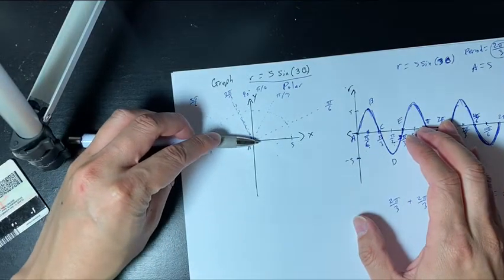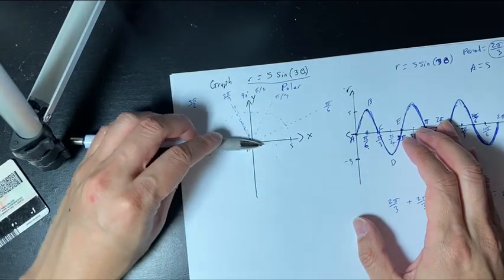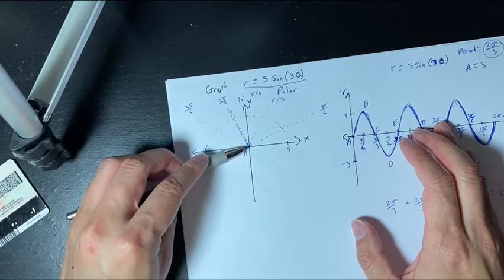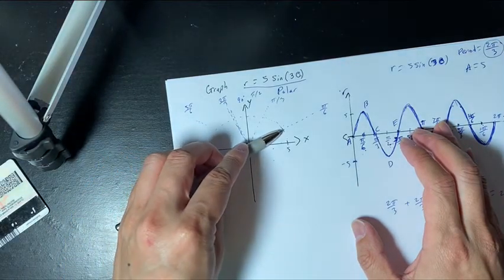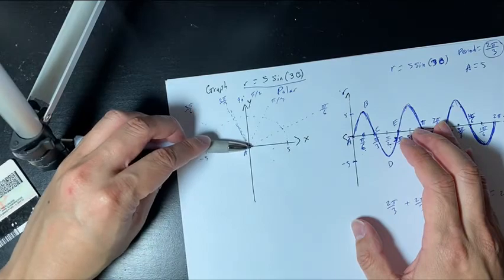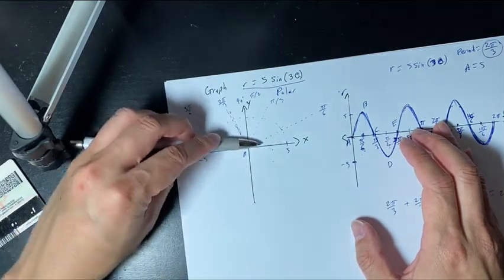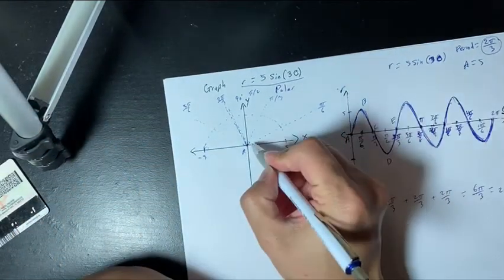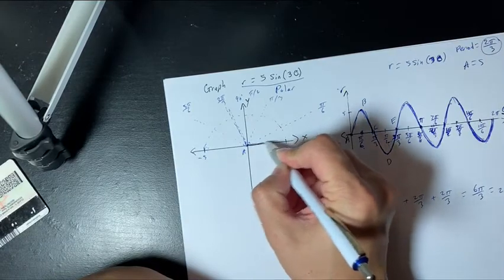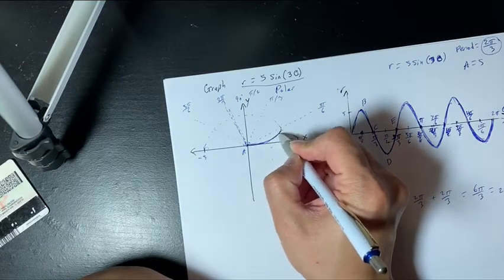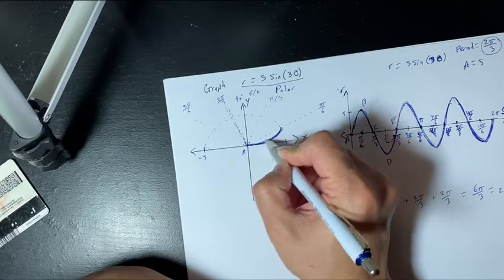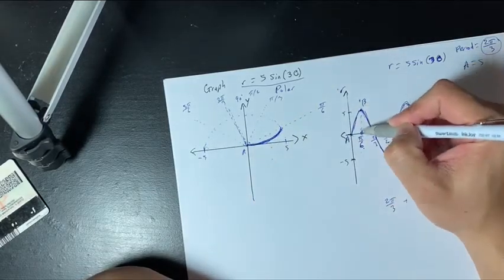Here's my angle 0, here's my angle pi over 6. By the time I get to pi over 6, I'm actually protruding out towards a distance of 5. So it's pretty fast. So you can kind of see if I trace that, that's already half a petal, right?